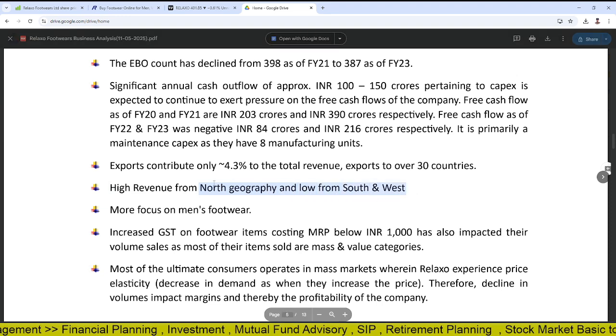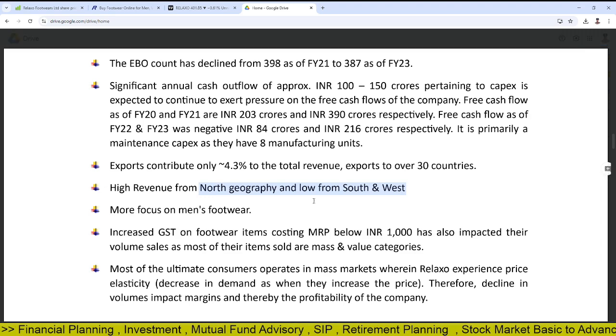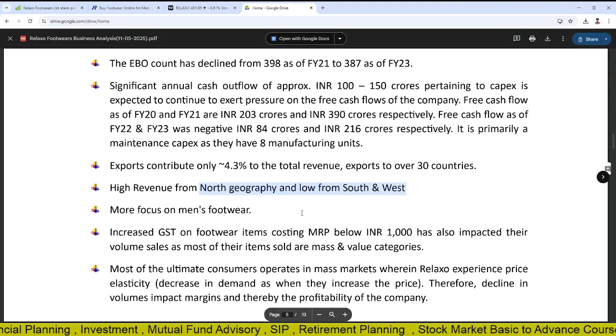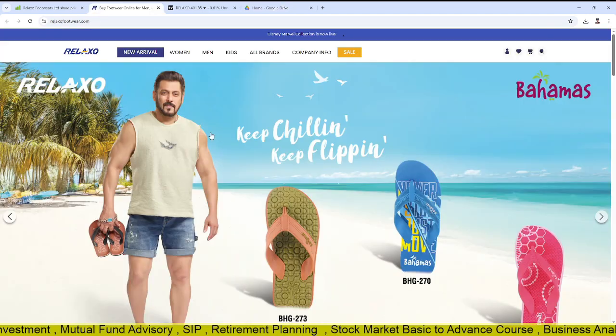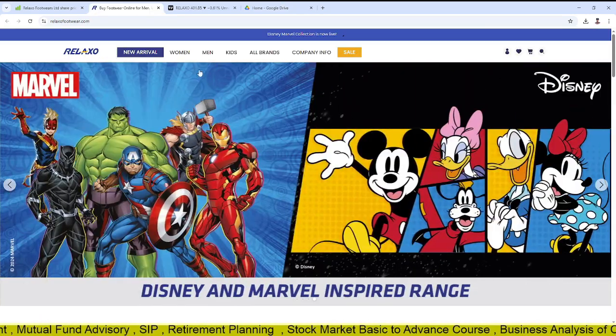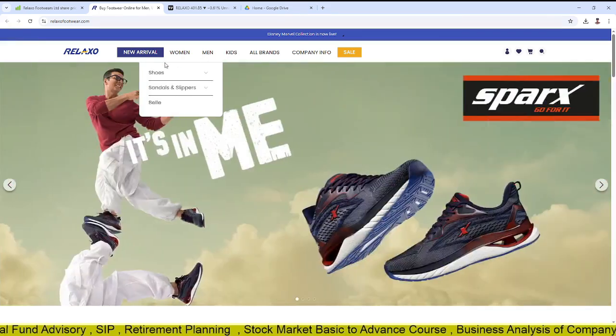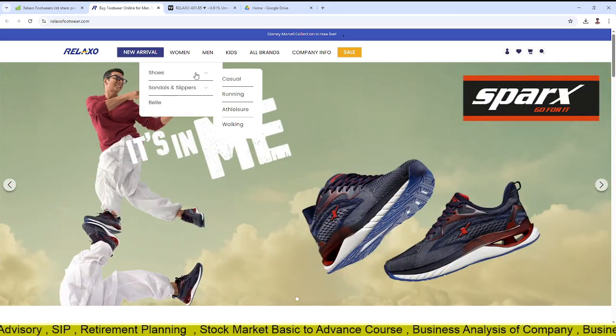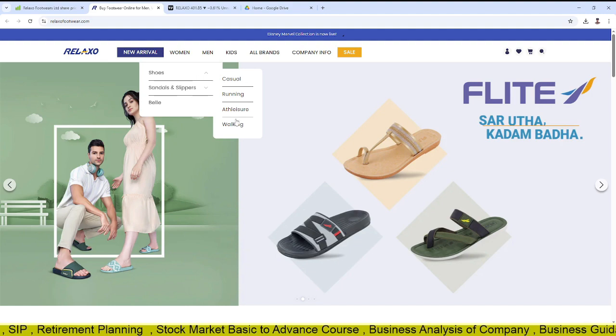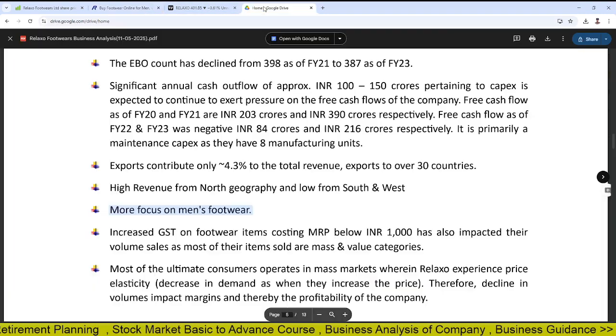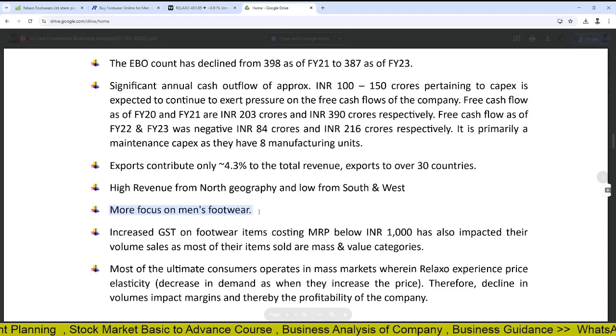From the south and west region, revenue growth is very less. More focused on men's footwear. You can see they are basically for men's footwear, men's and kids, but in the women's section there are very few options. So that is also a challenge.